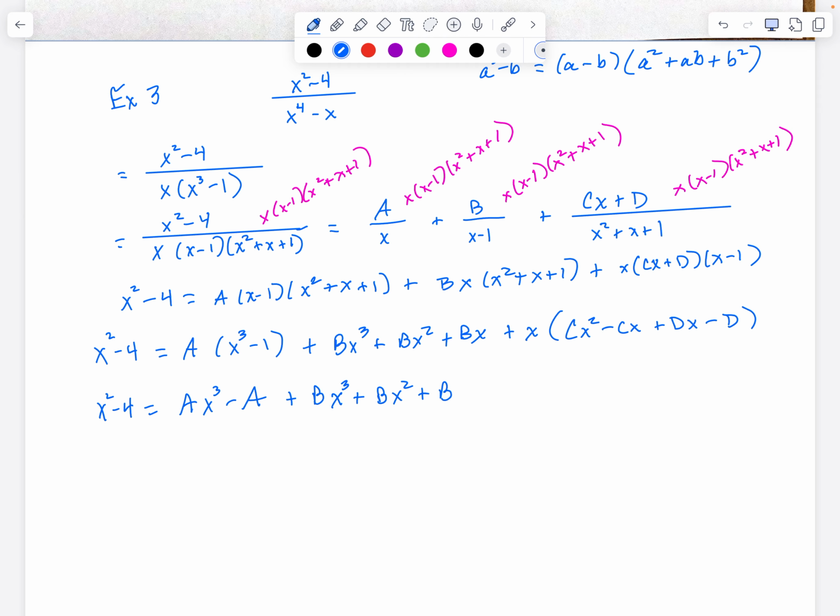And this one right here tells me that a is 4. And this one leads me to b equaling d.